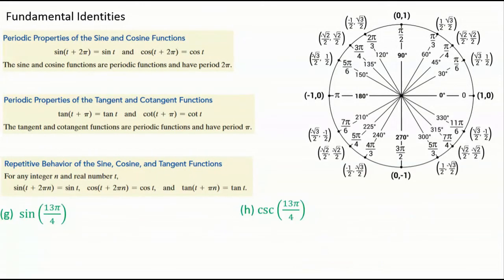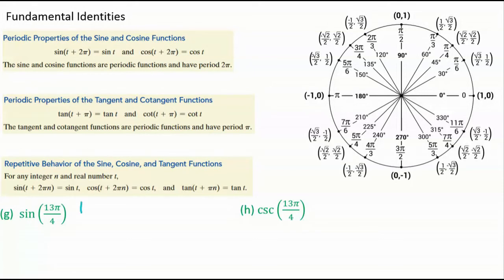Now here's a couple of problems I want to take a look at where we look at that repetitive behavior. Now 13 pi over 4, I know you don't recognize that from the unit circle. As a matter of fact, the biggest labeled over 4 we have is 7 pi over 4. But 2 pi over here is the same as 8 pi over 4. So we know this is bigger than 2 pi. And here's a trick.